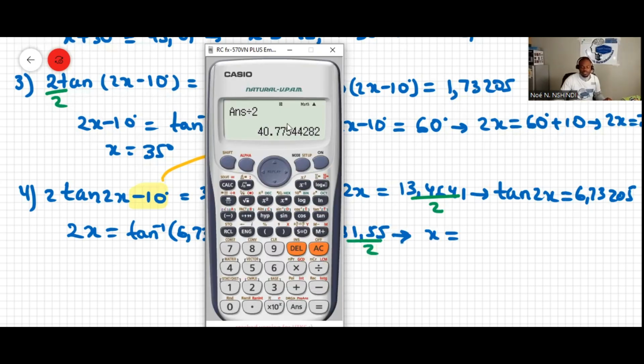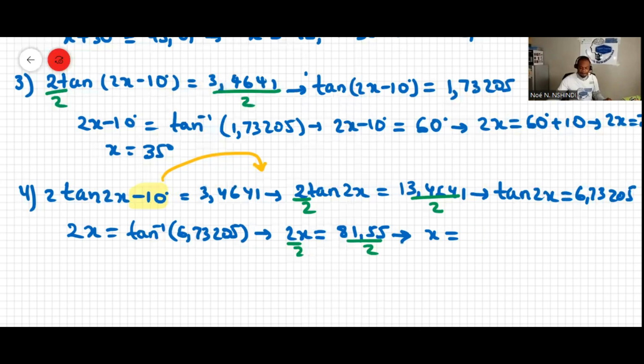Now I'm going to round to the second decimal place. This is 5, so I must increase this by 1 unit. So that makes 40.78.